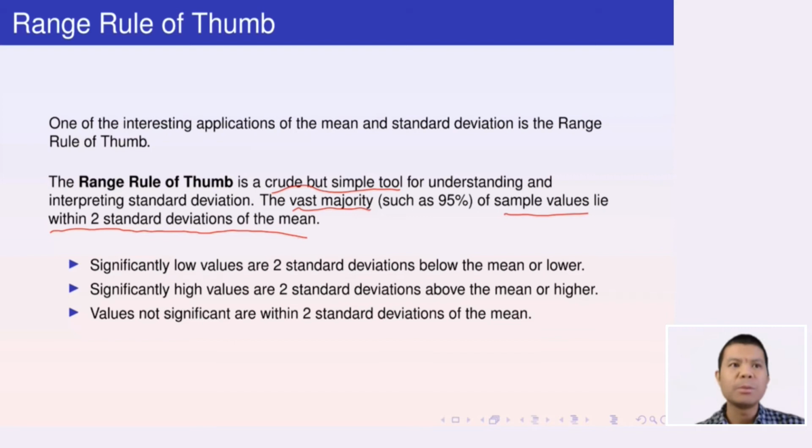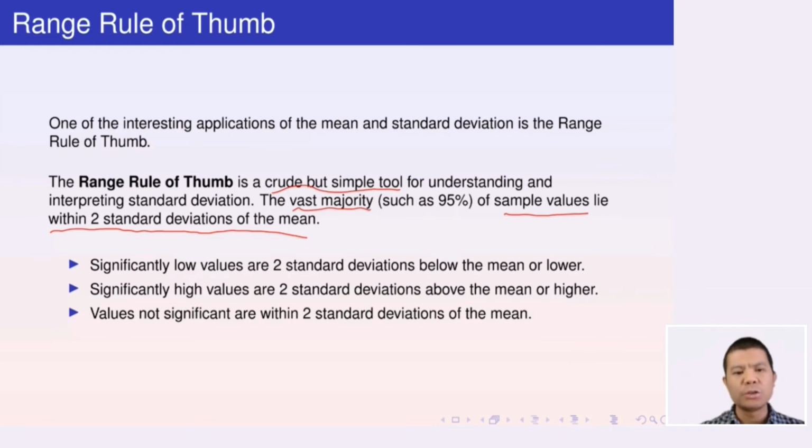That means there might be something wrong with it, right? In order to get this range, you would need to use the sample mean and also the sample standard deviation. So yeah, this is an interesting application of this range rule of thumb.